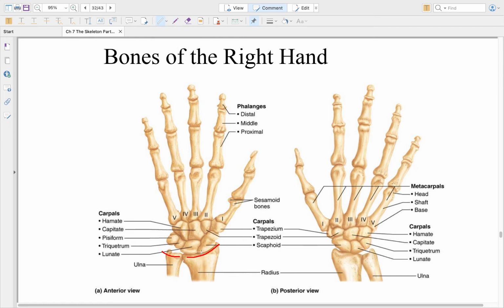We can learn them in rows, or we can learn them another way. I like to learn them, or teach them, in 2 rows.